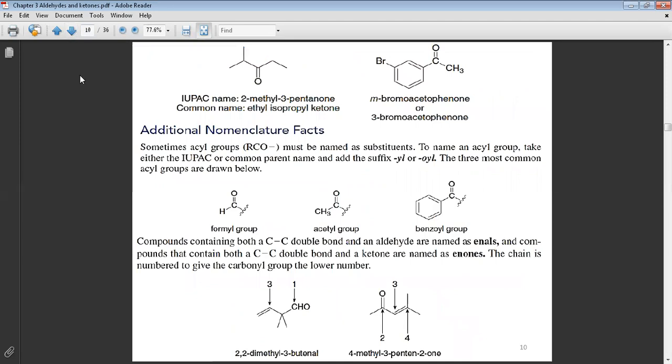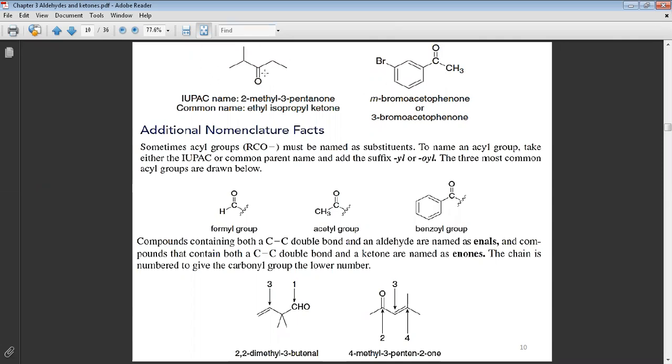Okay. Look at the names here. 3-bromo here, 1, 2, 3, 3-bromoacetophenone. This is the acetophenone. Okay, here meta-bromoacetophenone.